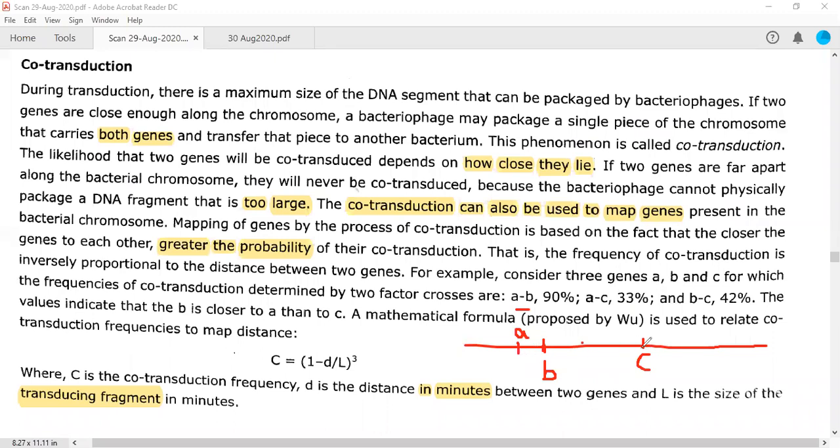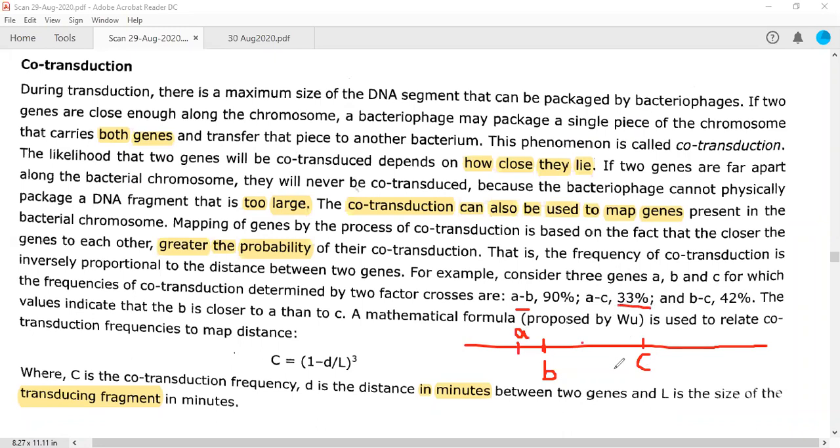So it is giving us two pieces of information: A and B are closely lying, therefore the frequency is more. B and C are also closely lying, not very much, but less than this, because they have 42% frequency of being co-transduced. So they can be put like this. And AC, because they are distantly present, have the least probability of co-transduction.